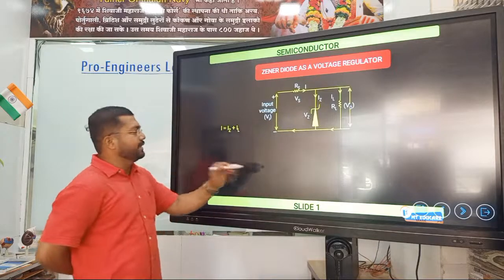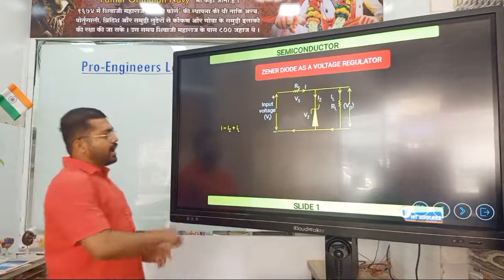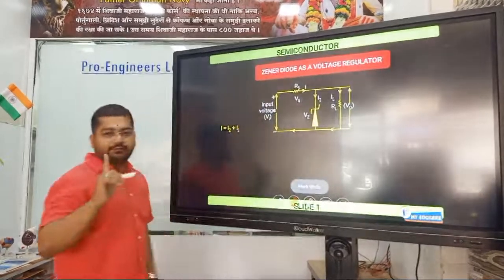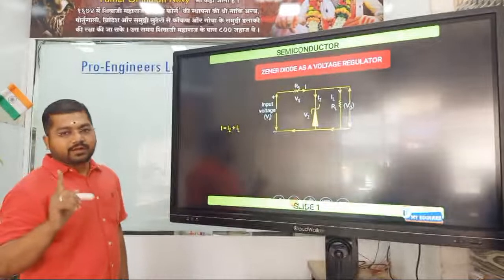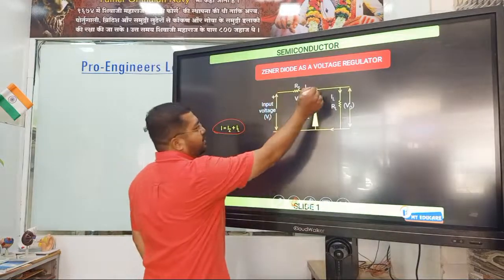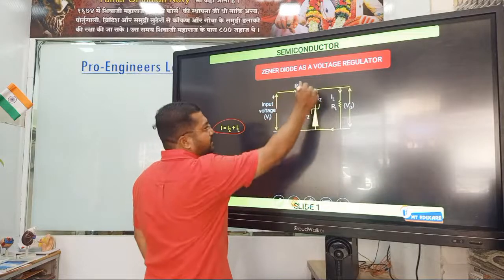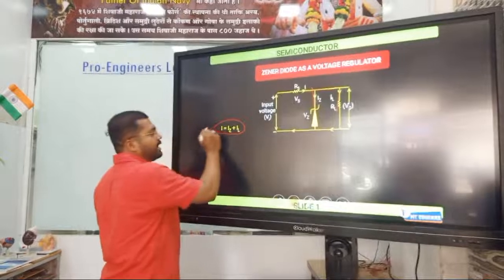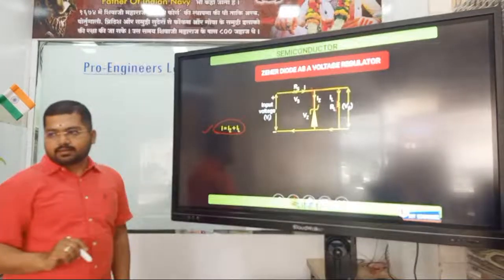Now we'll see the working. Now here, whatever input current we are giving, please pay attention very carefully to how the Zener diode works. What we have mentioned as I, the input current, is divided into two parts, IZ and IL. Therefore we have written I is equal to IZ plus IL.